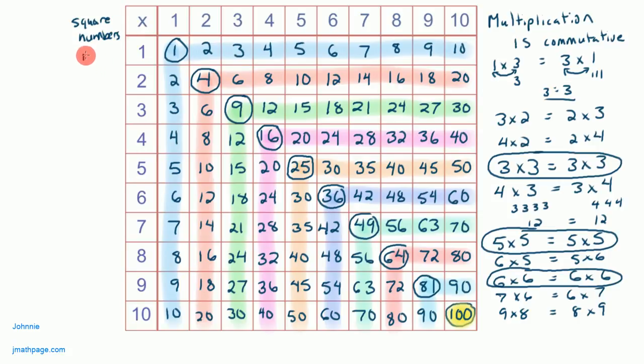So we have 1 times 1 equals 1. 2 times 2 equals 4. 3 times 3 equals 9. 4 times 4 equals 16. 5 times 5 equals 25. 6 times 6 equals 36. 7 times 7 equals 49. 8 times 8 equals 64. 9 times 9 equals 81.